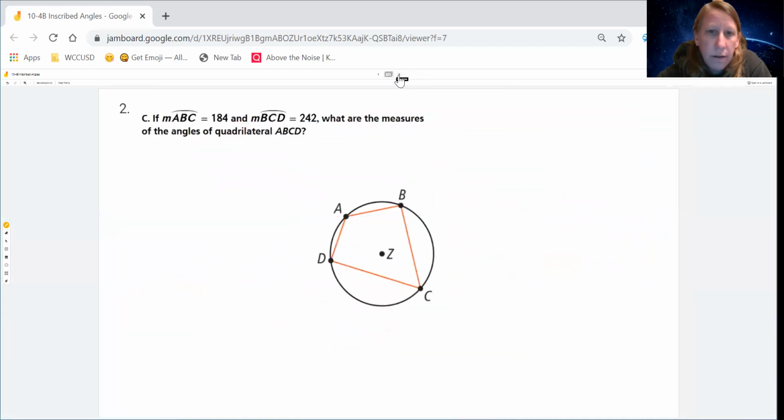Let's do some more. Ooh, this one's fun. All right, we've got the measure of arc ABC is 184. Okay, I worked with a lot of different students on this problem. I'm going to show you the most straightforward way to think about it.